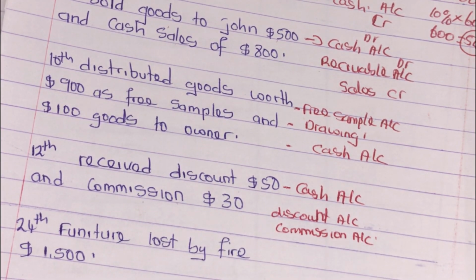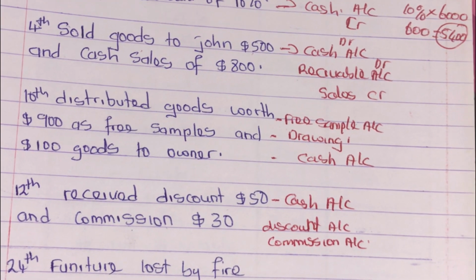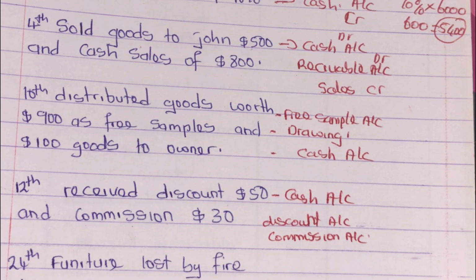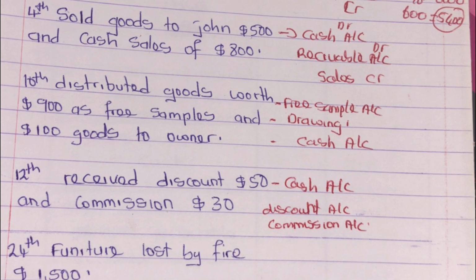So the discount account is given to the cash account, and the commission account is also given to the cash account. So if we sum these two amounts, then we'll arrive at the total cash that entered the business.